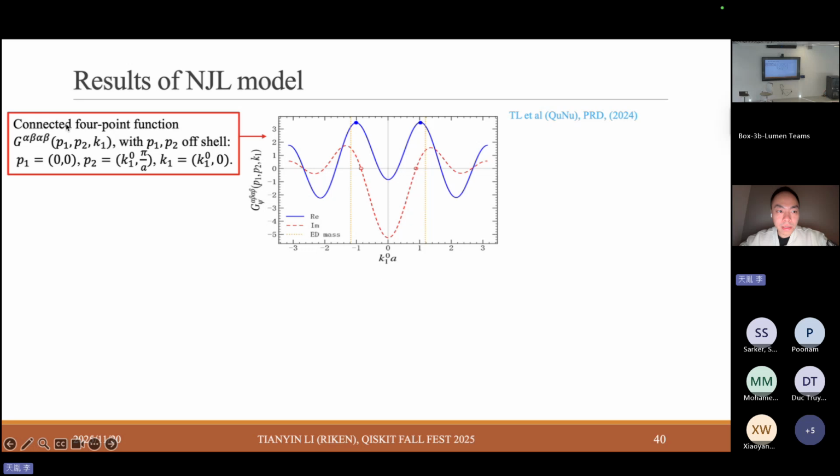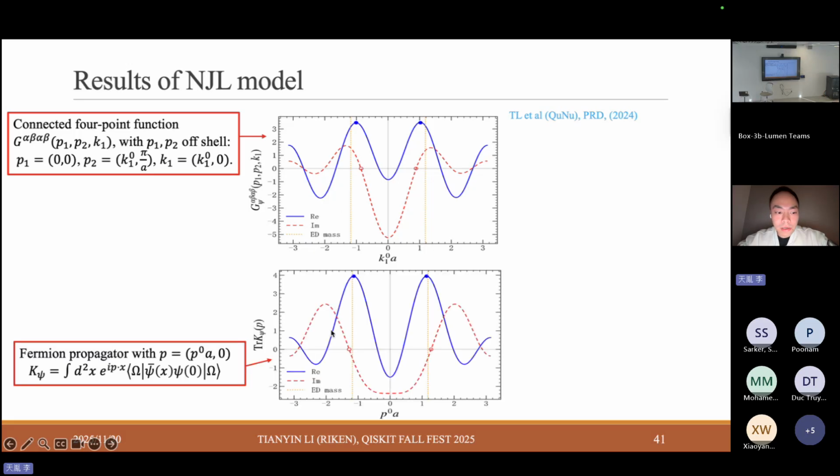And we also calculate the kinetic 4-point function of the quark fields. We find that when one of the external legs goes to its mass shell, we can see a pole structure. And also for the 2-point function of the quark field, when the quark goes on its mass shell, there is also the same pole structure here.